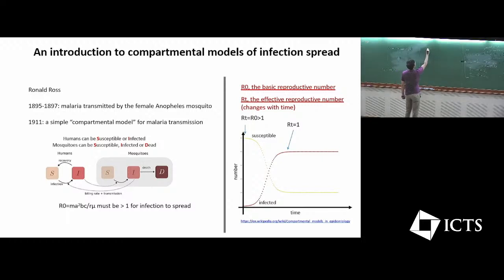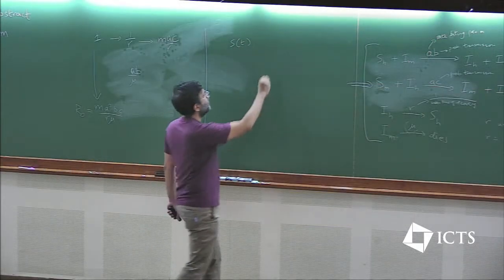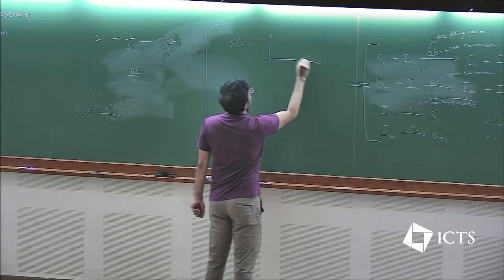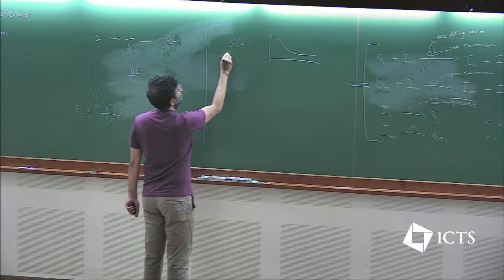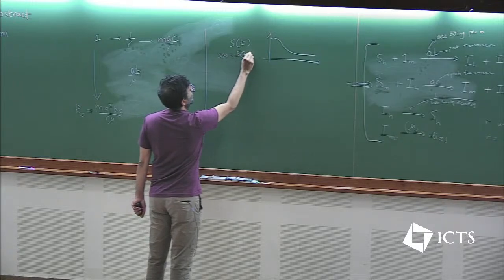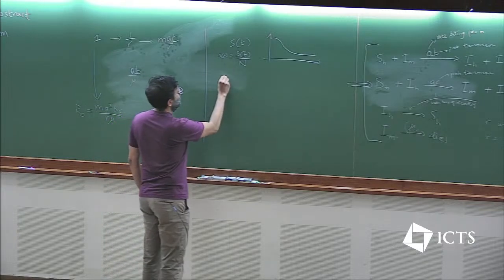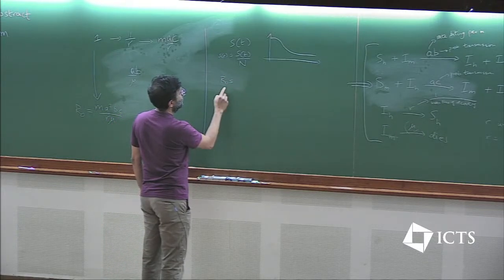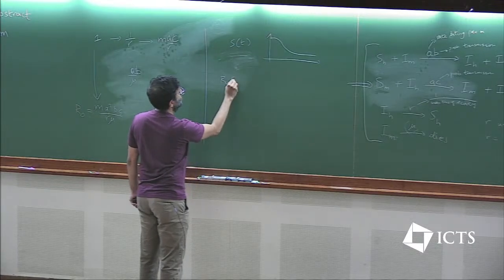Over time, as I've written over there, your susceptible population is a function of time, right? And your susceptible population is going down. And let me write this as the fraction of the population. Let me just write it like this.